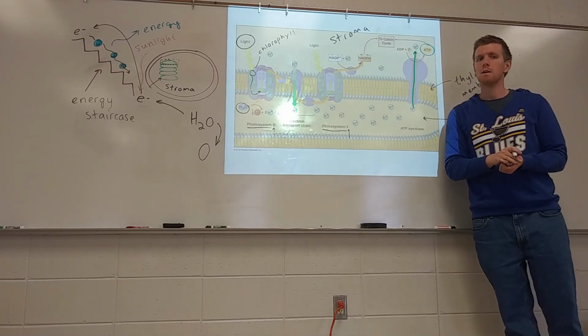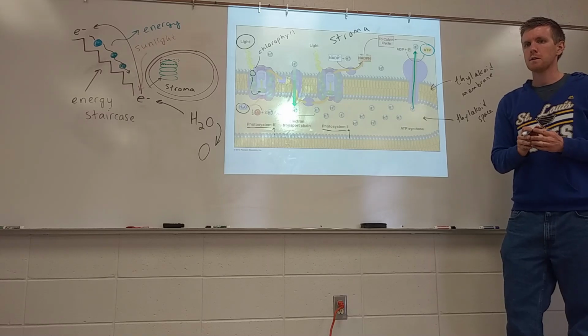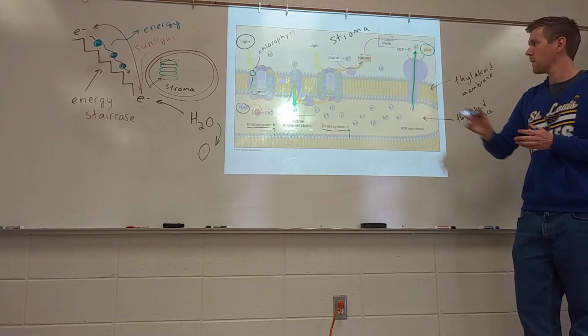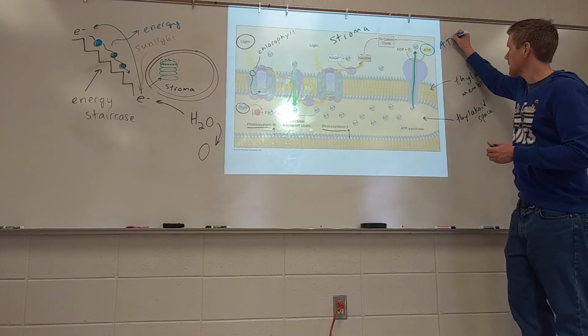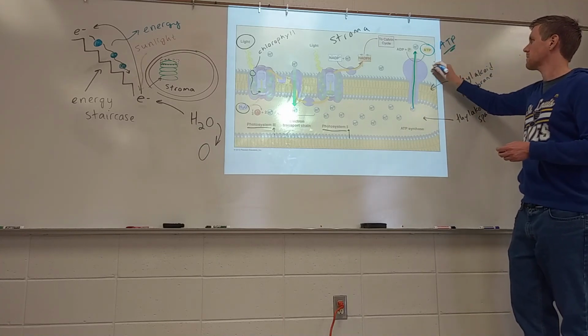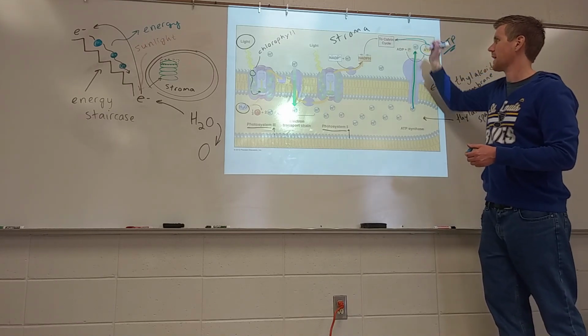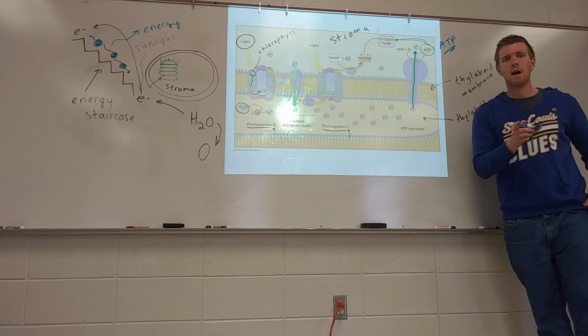It's the same mechanism as the electron transport chain, right? It's chemiosmosis all over again. ATP is the energy currency of the cell, which means that we've got a nice source of energy here that's going to go off to the second stage of photosynthesis, which is the Calvin cycle.